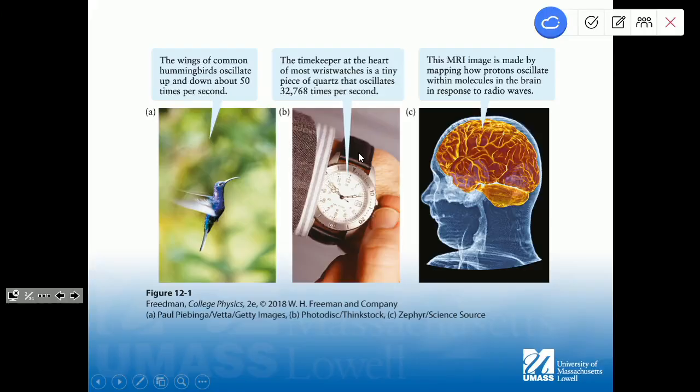Now, the most basic reason oscillations are important is actually the second one. Oscillation is a back and forth motion which takes a fixed amount of time. So that is literally how we measure time. In order to measure time, you need to have something that is completely reproducible, so it takes the same amount of time every single time.